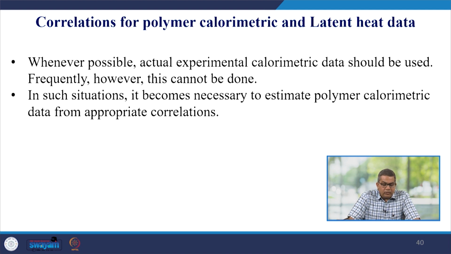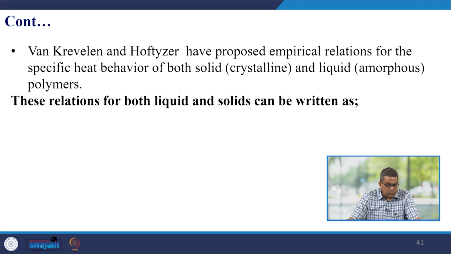Now, let us talk about the correlation for polymer calorimetric and latent heat data. Whenever possible, actual experimental calorimetric data should be used. Frequently, however, this cannot be done. Every time you cannot go for this kind of calorimetric data. In such situations, it becomes necessary to estimate the polymeric data with the help of some appropriate correlation. So, the generation of these correlations is extremely important.